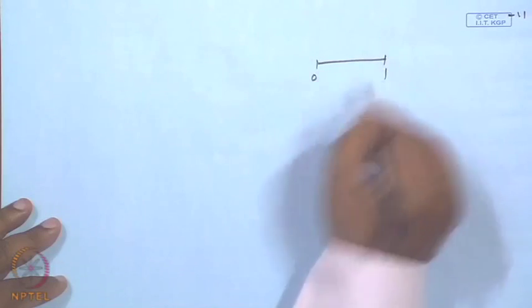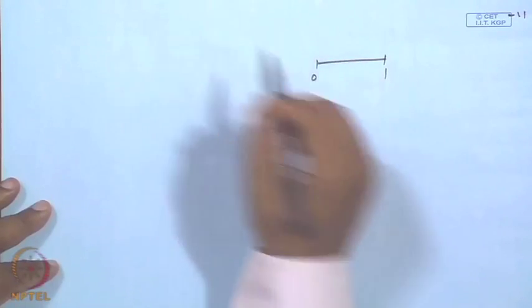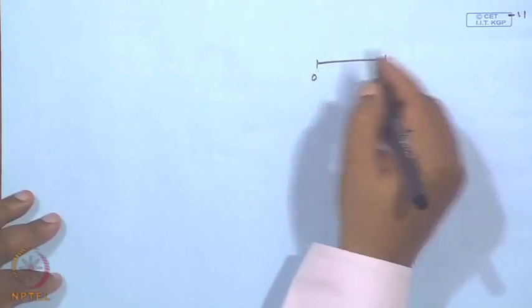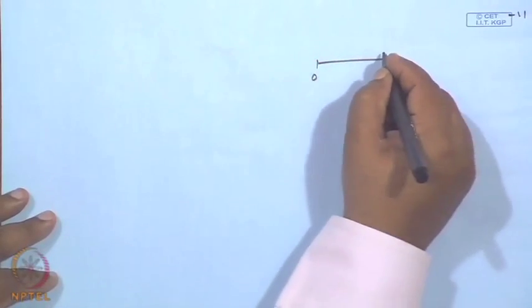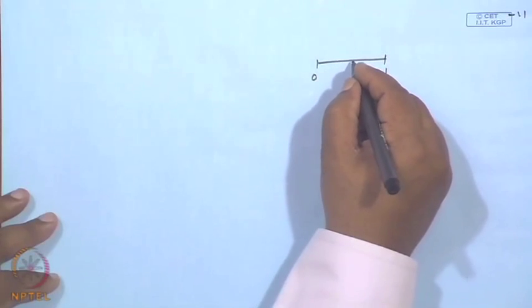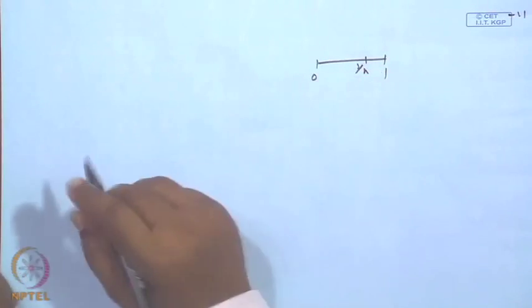So, what we see here is the function f 1, this is the interval 0 1, f 1 and so on. F 2 is, suppose n is this, 1 by n is this.